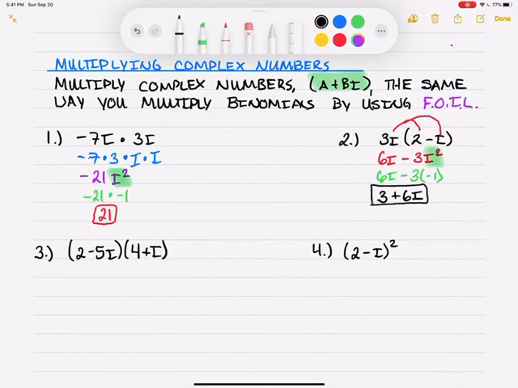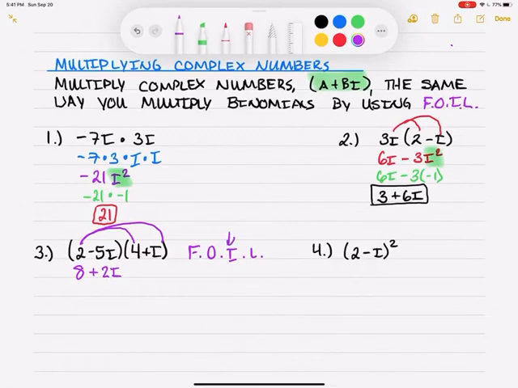In the third example, we're going to have to use FOIL to multiply. FOIL is just a way of keeping track of distributing when you have multiple terms. So FOIL means first. F is first. The first terms of each binomial are 2 and 4, so 2 times 4 is 8. O stands for outer, so the most outside pieces, which is 2 and i, so positive 2i.